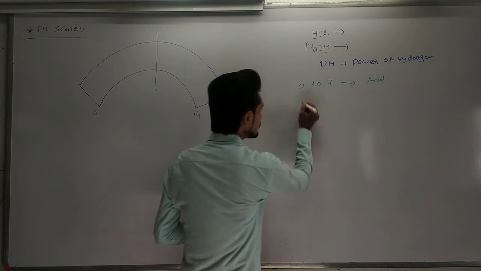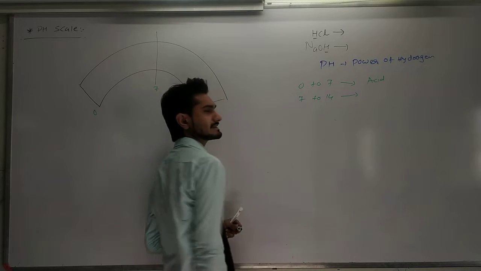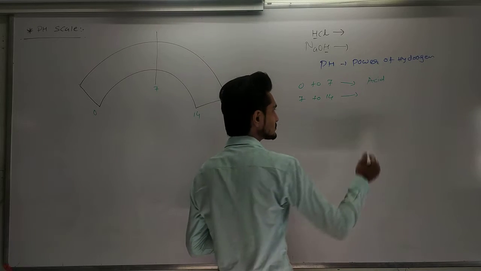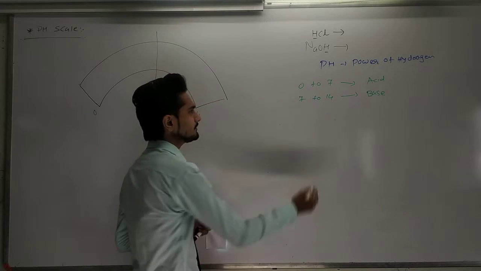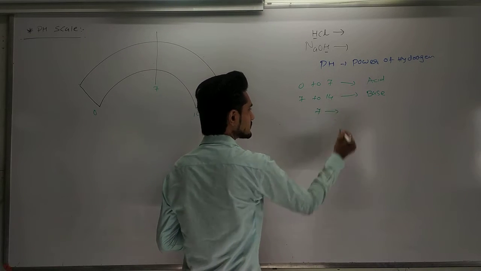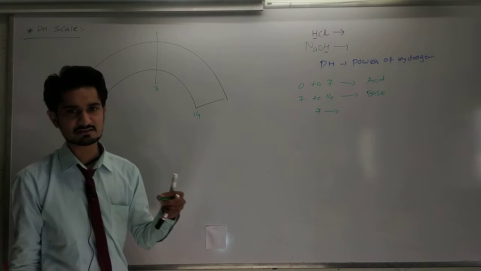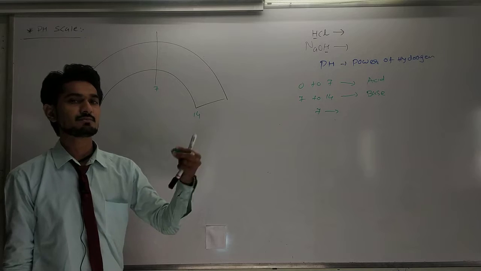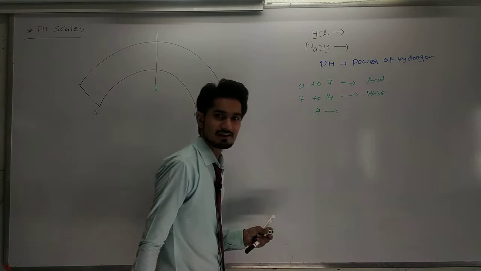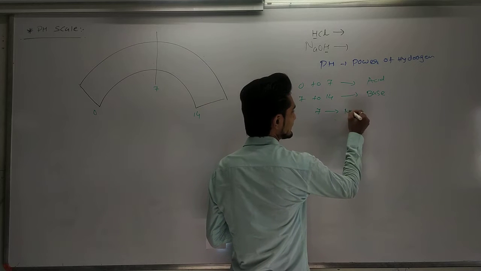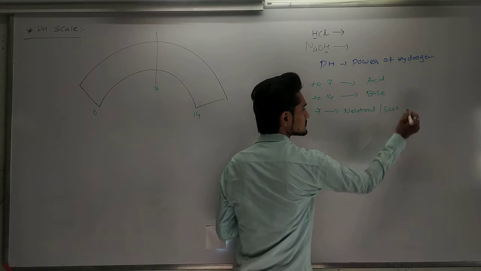If the value comes between 7 to 14, then we can say that whatever substance or liquid you are checking will be a base. And if the value is perfectly normal, not 6.99, not 6.8, not 7.2, not 7.1, but a perfect 7.0, then we can say that it is neutral, or we can say that it is a salt.